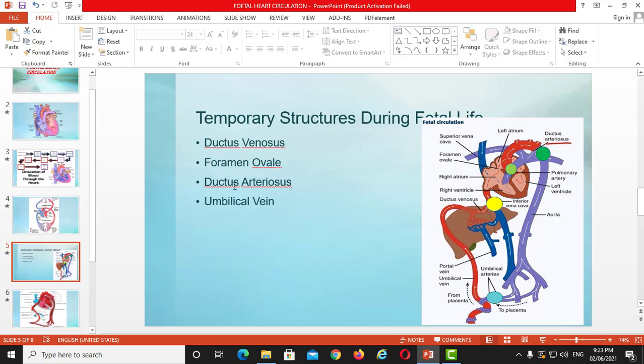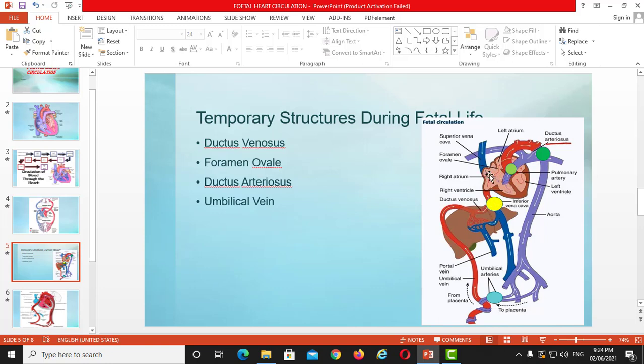Then ductus arteriosus. Ductus arteriosus means when the aorta and pulmonary artery get connected, this structure is called ductus arteriosus. Ductus venosus means when the umbilical vein enters the liver, the umbilical vein and inferior vena cava join, and that structure is called ductus venosus.